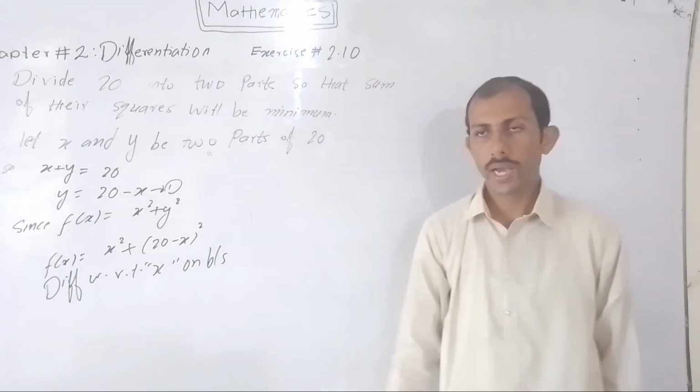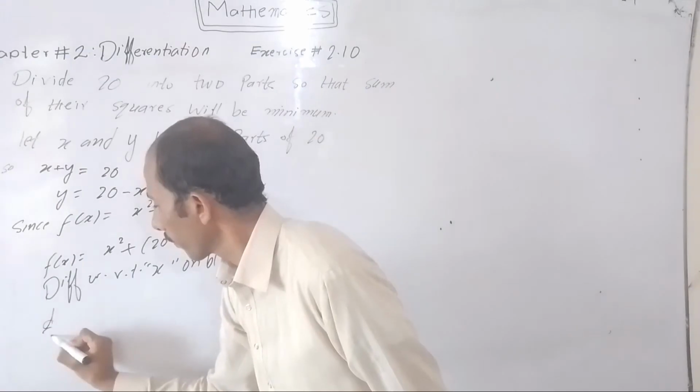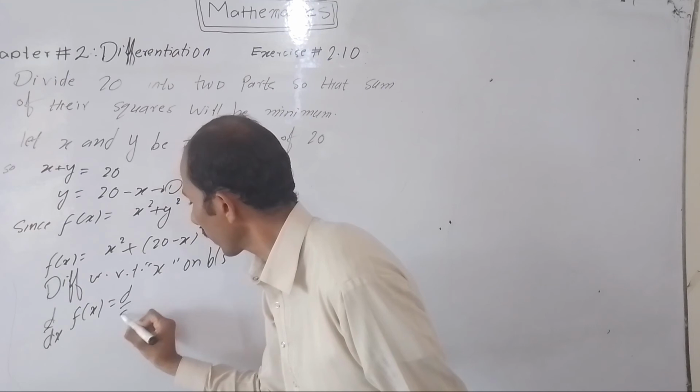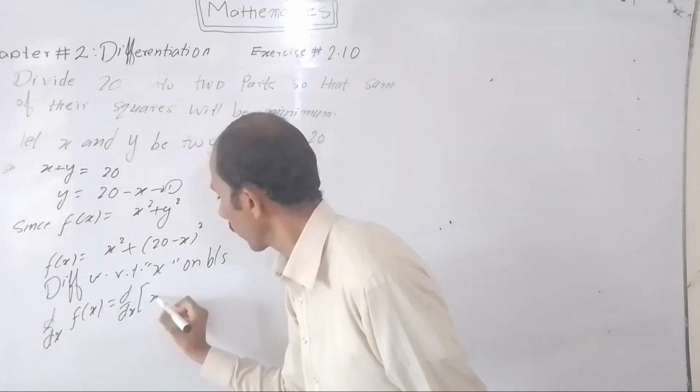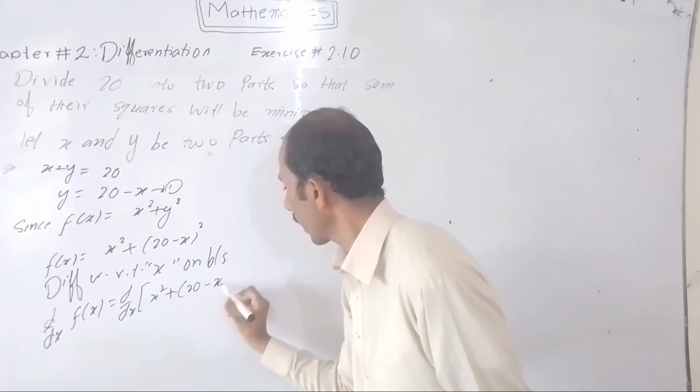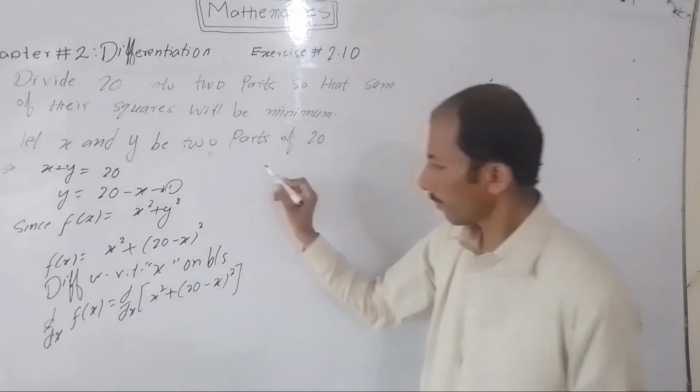Derivative of f of x is equal to derivative of x square plus (20 minus x) whole square.